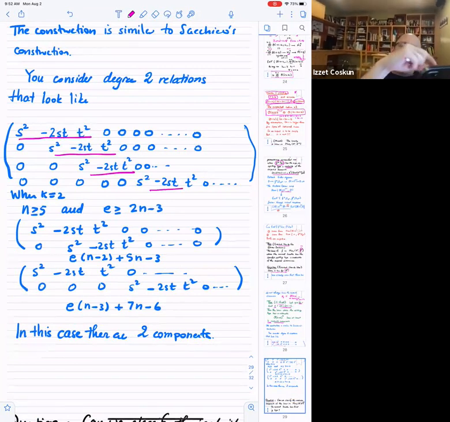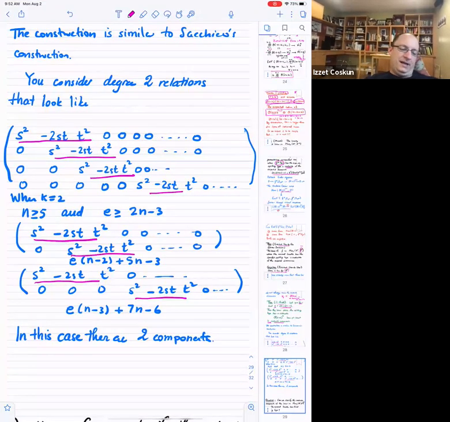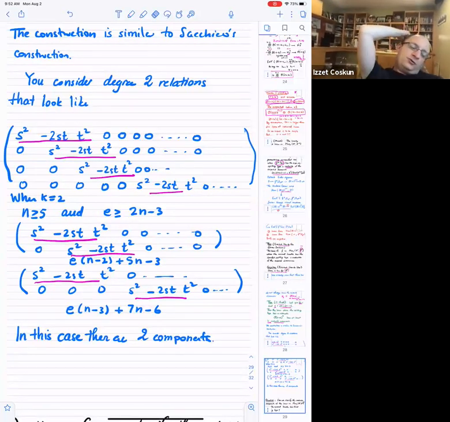You can have conic relations where their planes intersect and look like this, or they're in disjoint planes, right? So this is the case when you have two conic relations. And then you can count matrices that have such conic relations to prove this theorem.